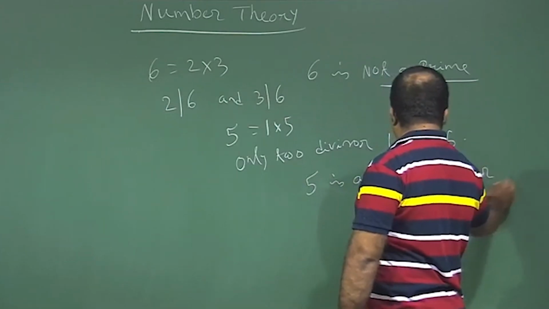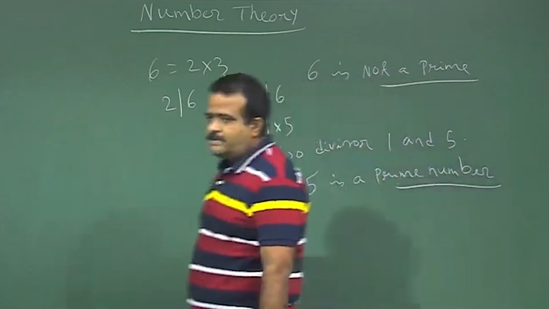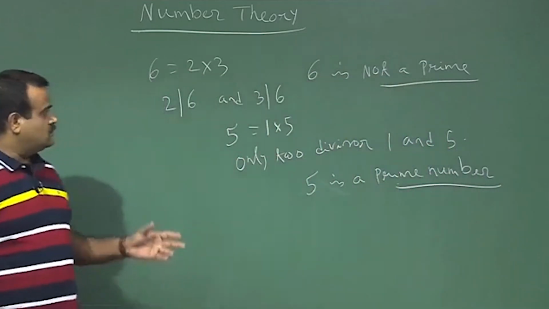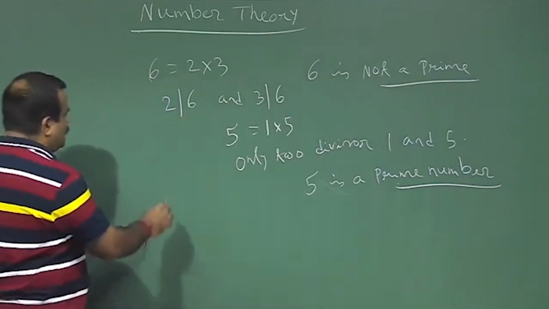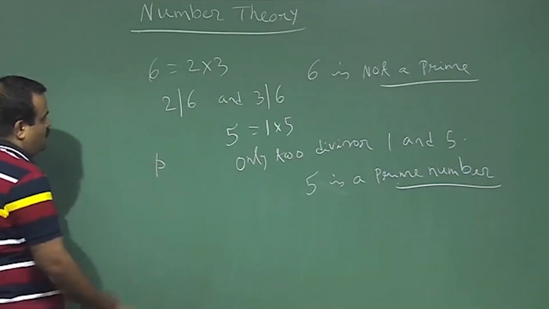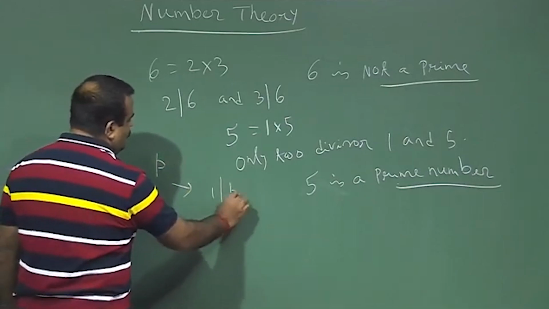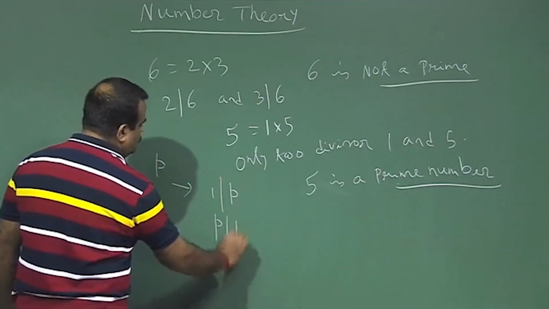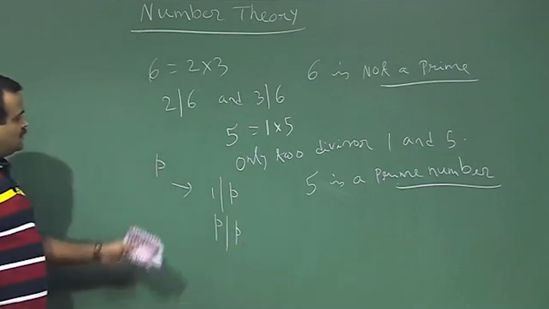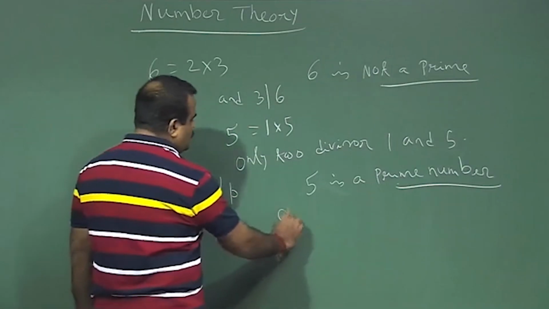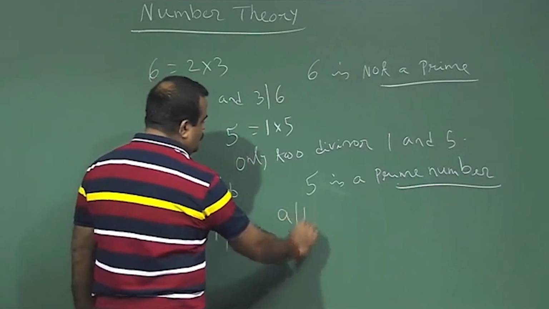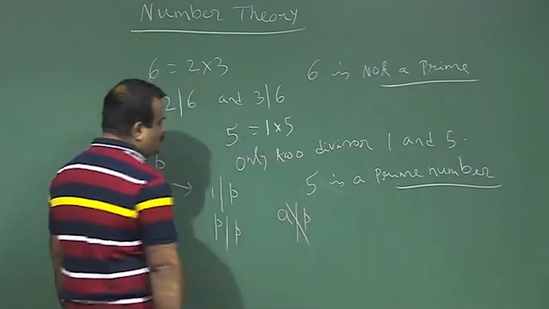A positive integer p is called a prime if it has only two divisors, 1 and p itself. No other integer a should exist such that it divides p.